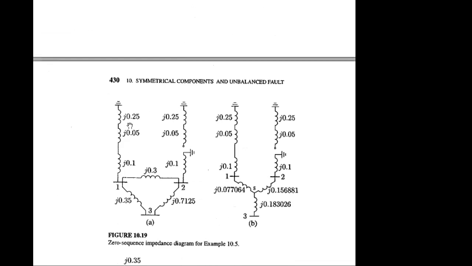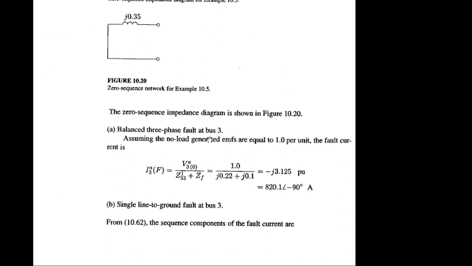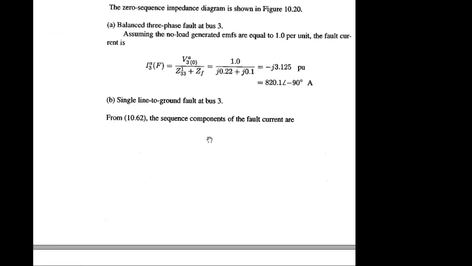Here you can see 0.25 as the zero sequence consideration, so you have to be careful. When you want to draw a zero sequence circuit, you have to be very careful. The regular drawing is the positive sequence circuit, but for the zero sequence circuit you need to be careful. And when you have all the Z as well as ZF, you can find the fault current for different scenarios.